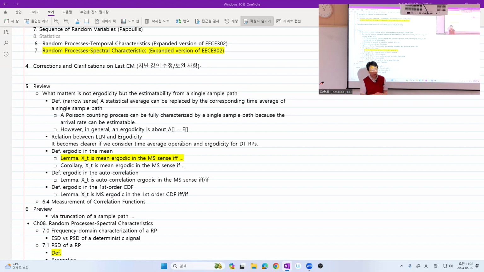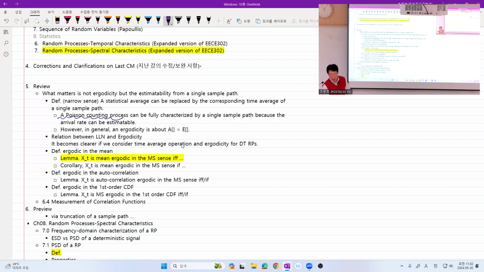And the arrival rate can be very accurately estimated from a single sample path as long as we observe the entire realization, or a sufficiently large interval. So please remember that what matters is the estimation, or in general, statistical inference. Got it? So remember the Poisson counting process as an example for you to understand.